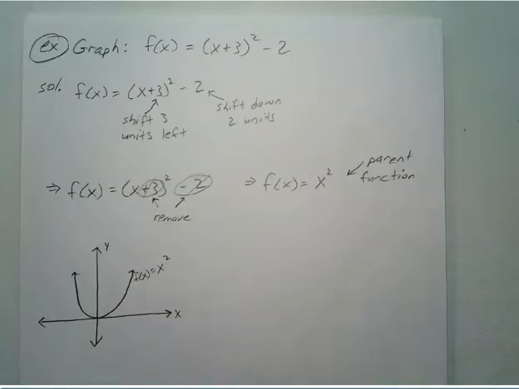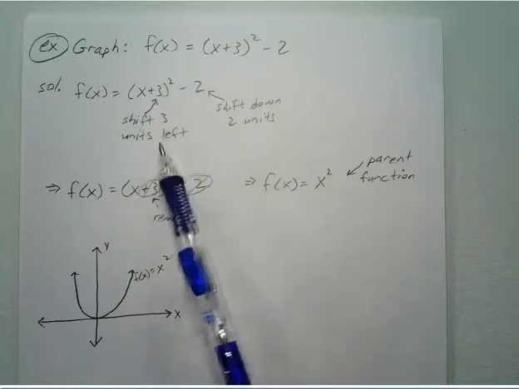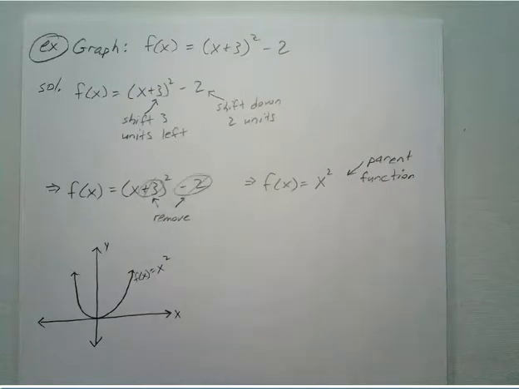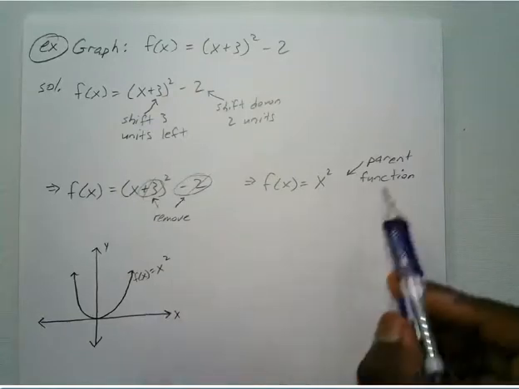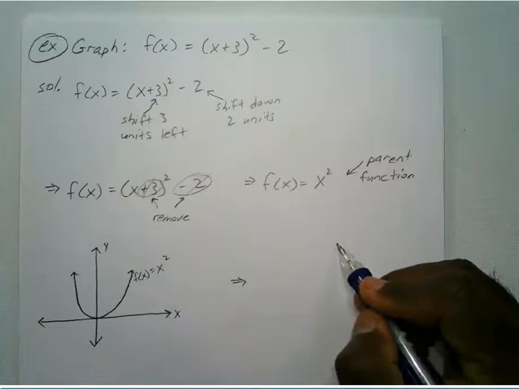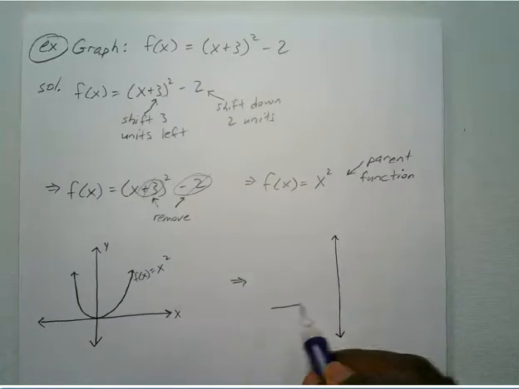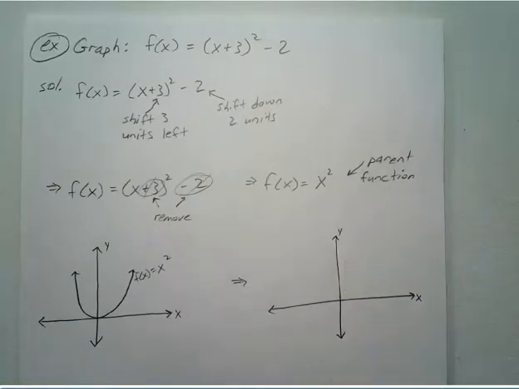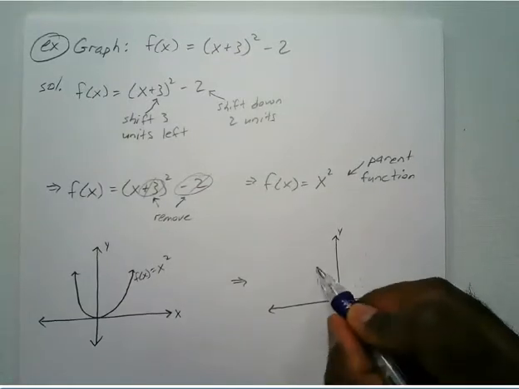Now remember, we're actually going to draw 2 additional graphs. You don't have to if you actually know the steps, but just to show how each of them goes, I'm going to draw out 3 separate graphs. So we have our f of x equals x squared, which is our parent function. We draw our x and y axis, and let's say this is our parent function here.